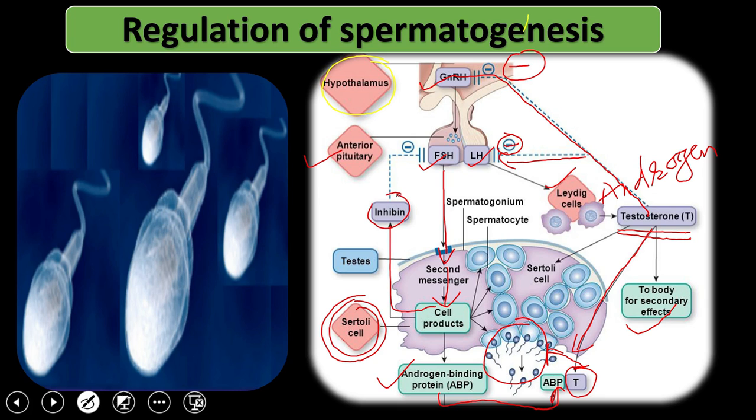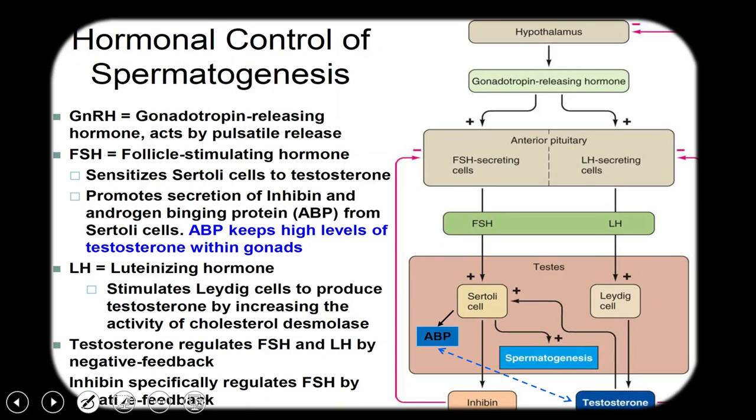This inhibin hormone gives negative feedback to the anterior pituitary gland, mainly, and to some extent it also has a negative effect on the hypothalamus, and it results in the suppression of synthesis and release of FSH. So ultimately no FSH, no androgen binding protein, no spermatogenesis. So negative regulation is there, the same cycle.